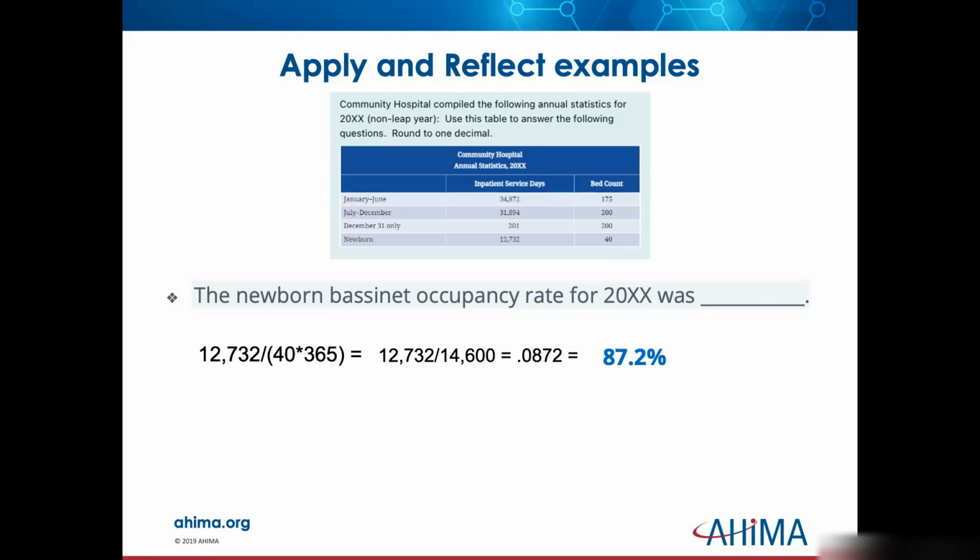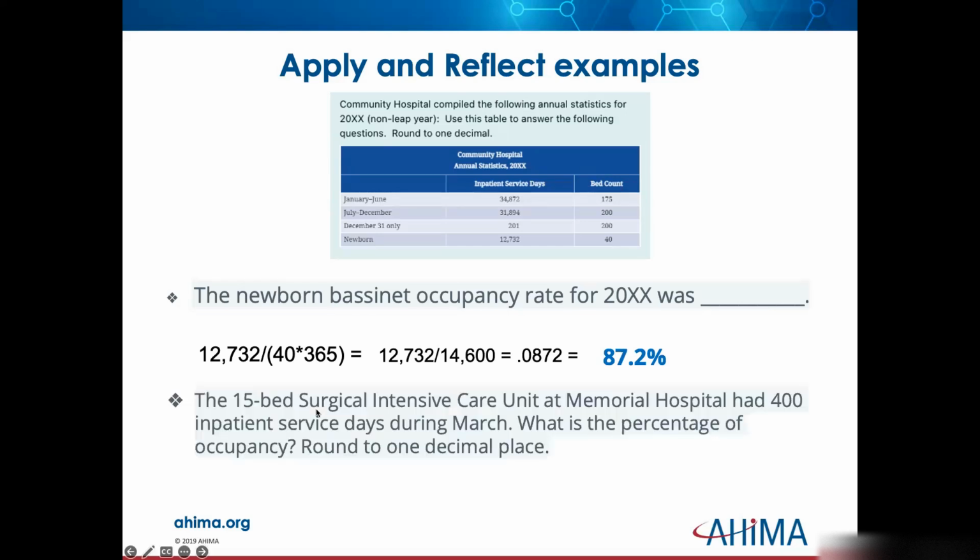Let's try another one. We know that this is a 15-bed surgical intensive care, all right, with 400 inpatient service days. We also know that there are 31 days in March.